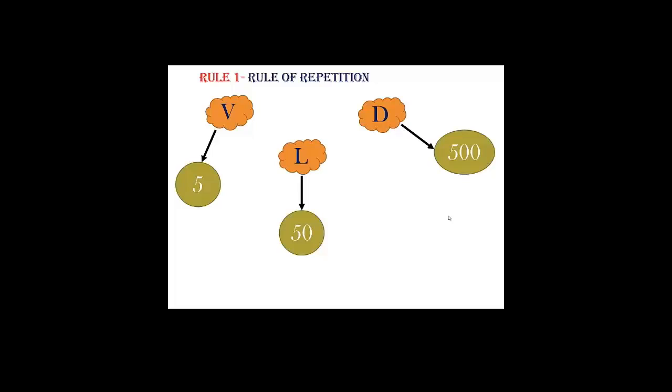Now these three letters V, L, and D are never repeated. The rest of the letters can be repeated, but still there is a restriction for that too. That is, when writing Roman numerals, never use more than 3 of the same symbol. So among the rest of the letters, you can repeat any letter only to the maximum of 3 times.